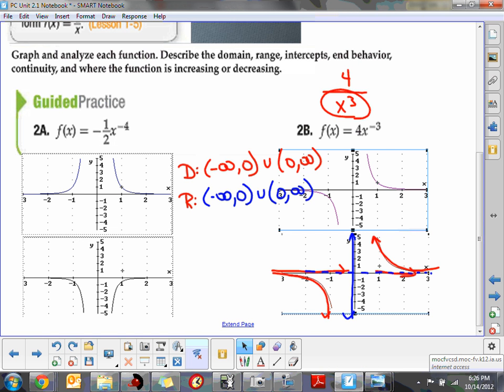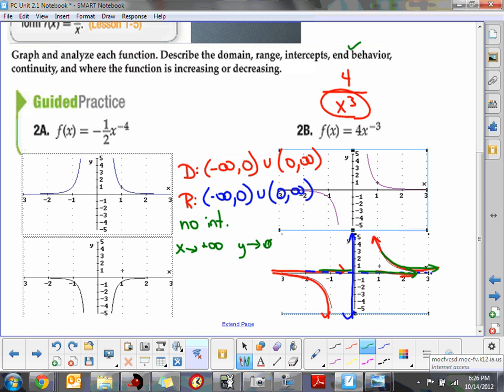Domain, range. Intercepts. Because we have our vertical and horizontal asymptotes sitting right on the x and y axis, there are no intercepts again. Next thing, end behavior. What happens as x approaches positive infinity? As x approaches positive infinity, our y's are coming down, flattening out, and they're approaching 0. Put 0 in there.